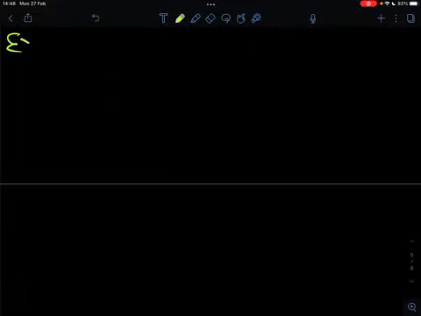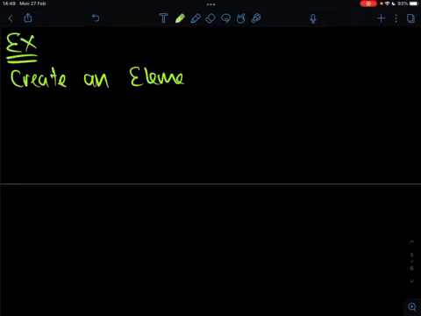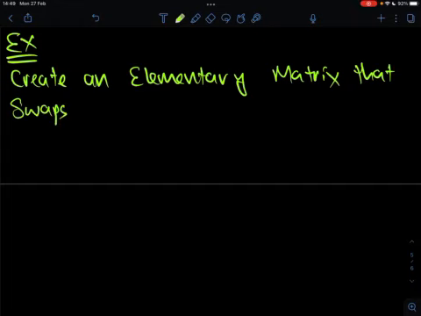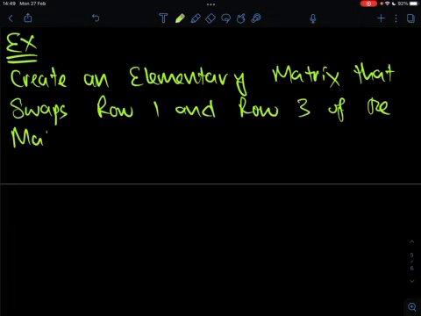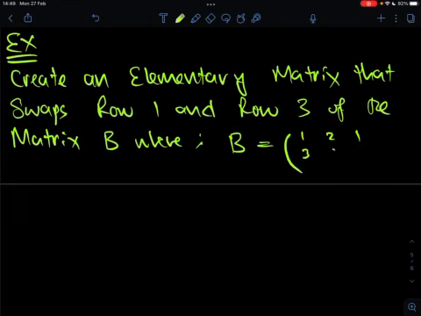So another example will be: create an elementary matrix that swaps row 1 and row 3 of the matrix B, where this B is actually defined as 1, 2, 1, 3, 4, minus 5, 1, 6, 7.